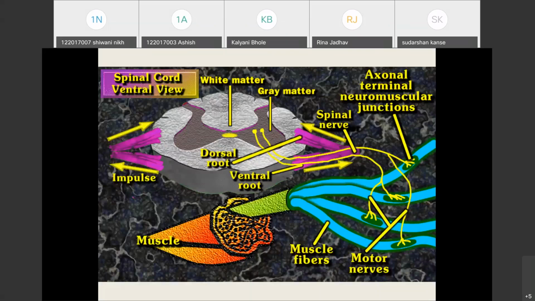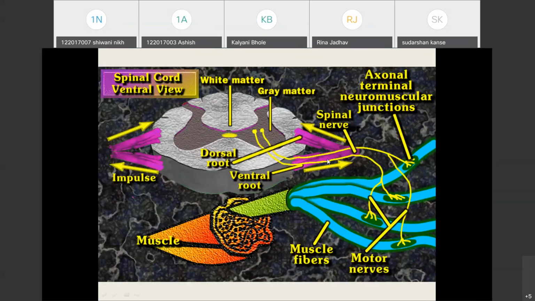So now see how this function happens when you move your hand. Your hand is made up of a bone, which is a solid structure, and muscles. From the brain the signal comes to these muscles via neurons.